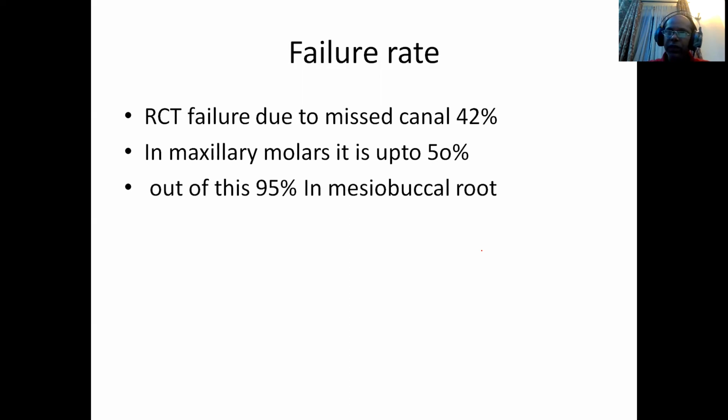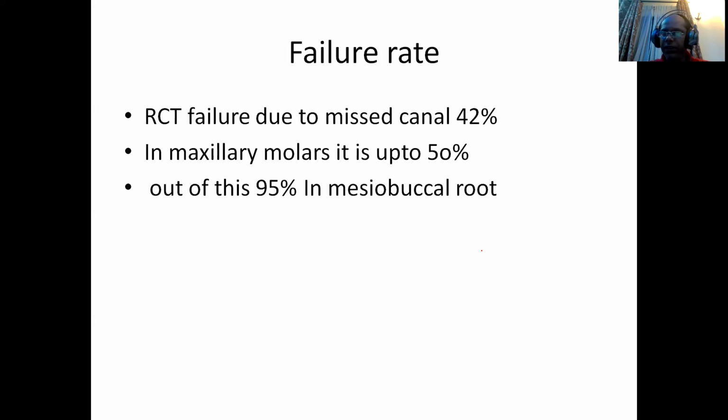Apart from the MB2, there is some other anatomy. As you know, the palatal root has a wider canal and is much straighter. There is some buccal curvature at the end of the palatal root, but usually it is easy to negotiate and fill properly. Obturation and disinfection of the palatal root is not a big task.